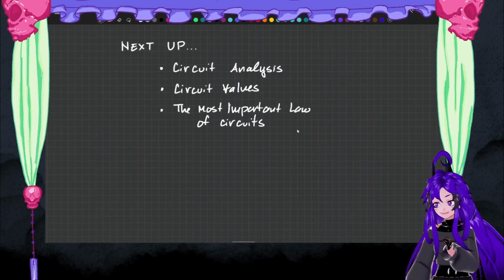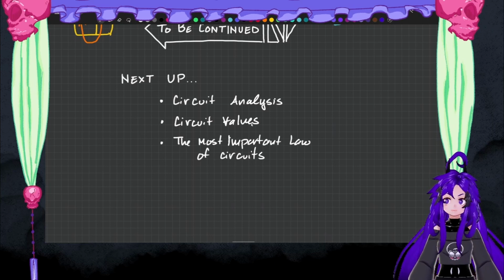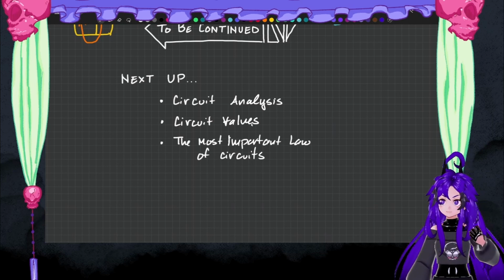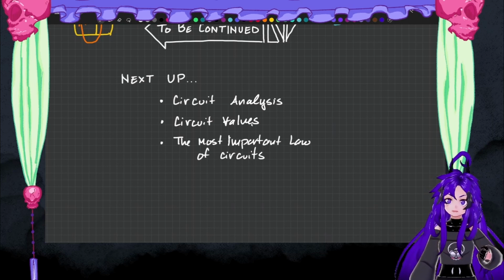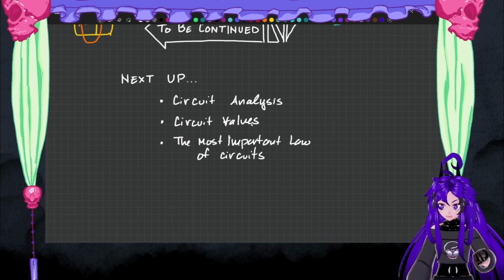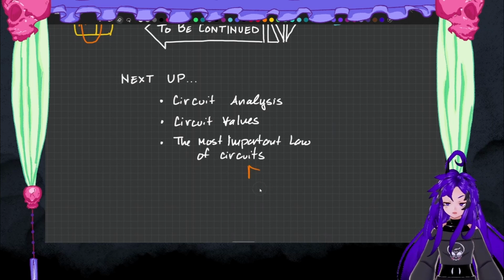And maybe even apply it. So in so doing, we're going to cover the important values in a circuit and also the laws that really, really matter. Like the F equals MA of circuits, right? The thing that everything's built on. So that will be next time.